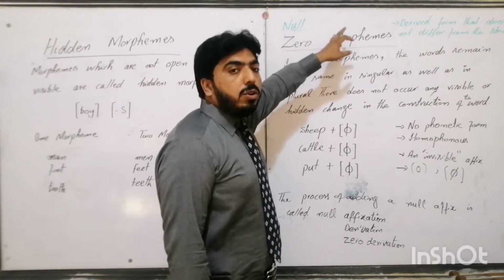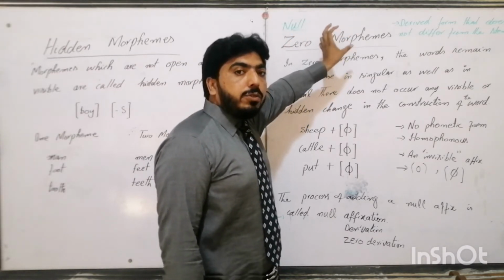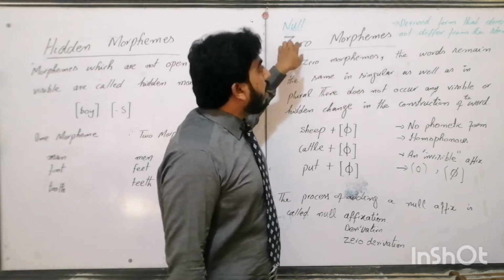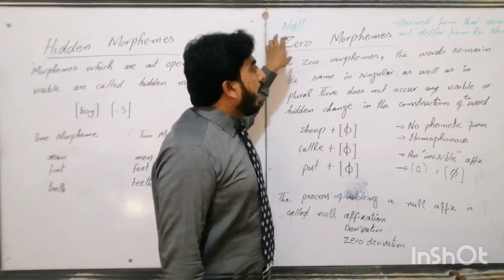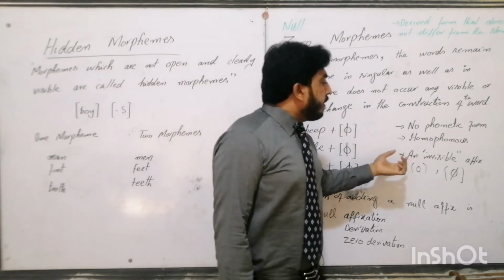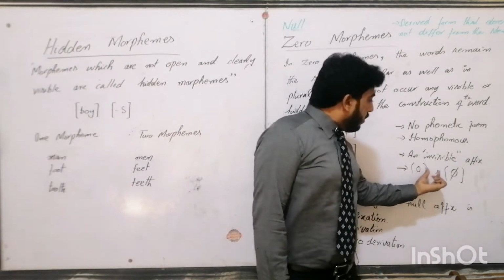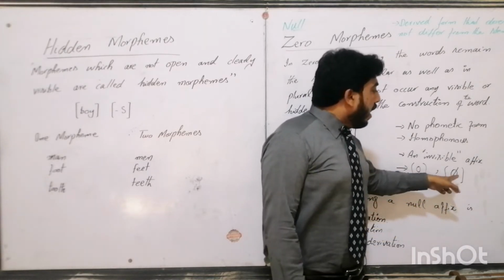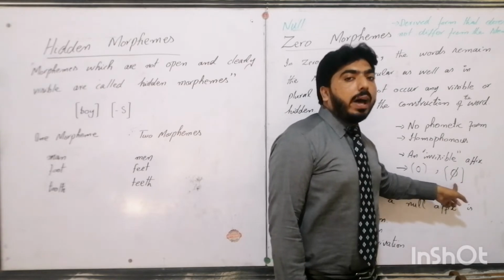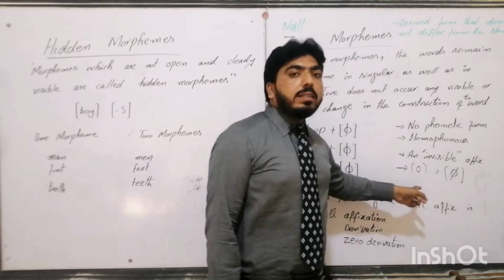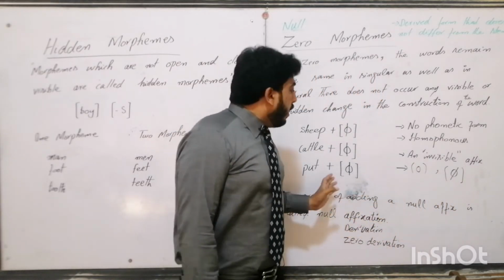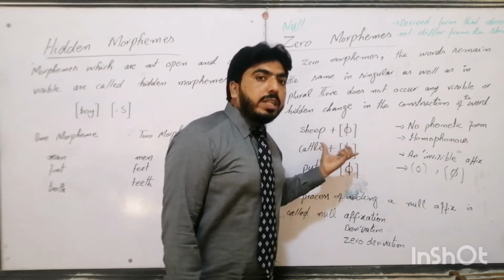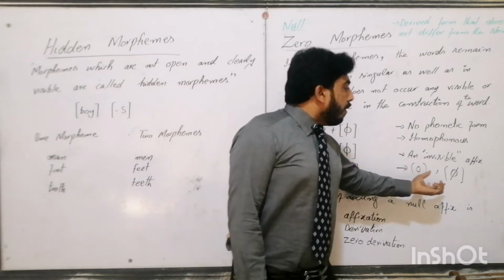As you know, morpheme is the smallest meaningful unit at abstract level, which is present in the mind. So null morpheme or zero morpheme are the same terms, and these morphemes are represented with curly brackets or with the figure of 0 or the symbol of null. Alright. Now the question arises, why, when we analyze the word morphologically, do we write these symbols?